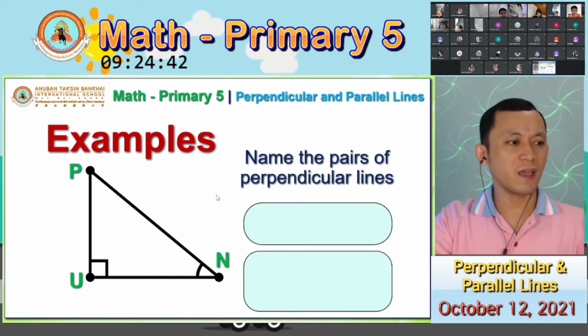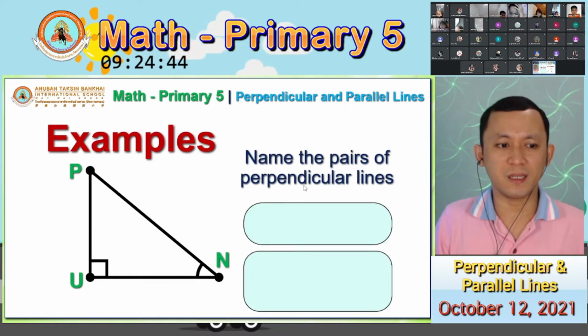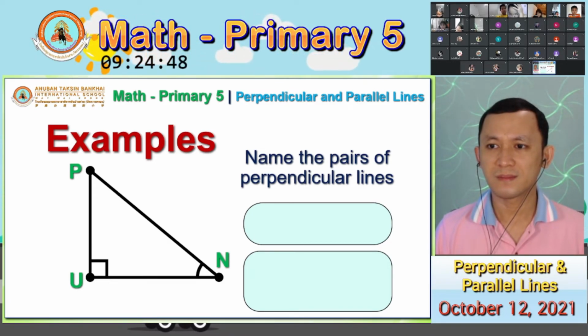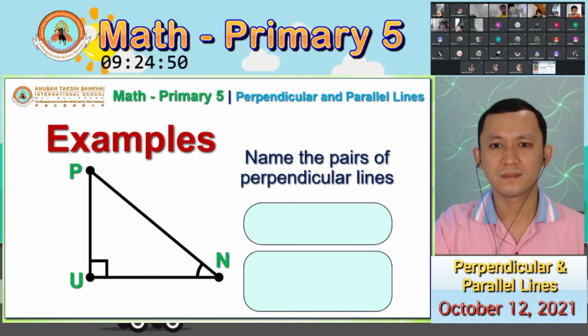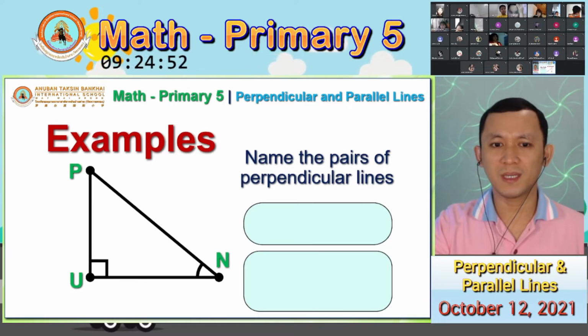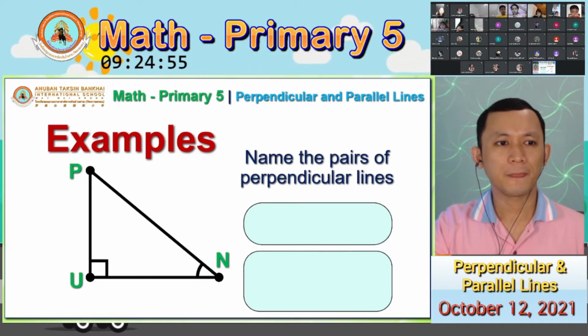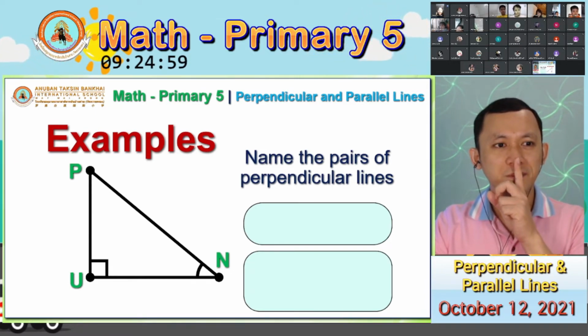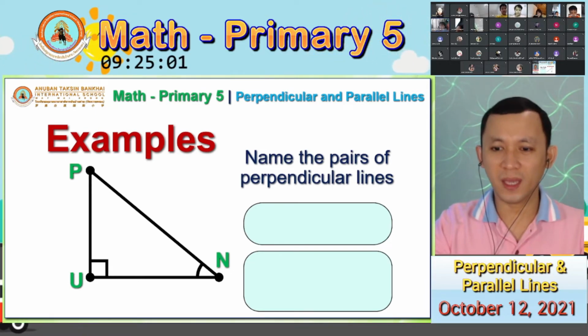Now let's write again the perpendicular lines. What are the perpendicular lines? PU and UN. Okay, very good.